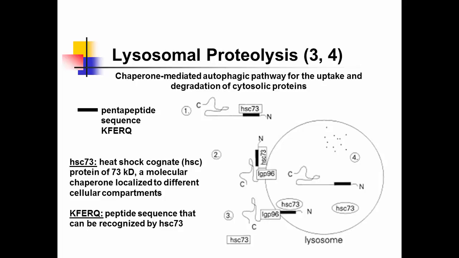The answer is yes. Together with the specific peptide proteins, this HSC73 protein is also degraded inside the lysosome. HSC70 protein is usually present in the cytosol, and it recognizes the specific protein with these specific peptides and directs the protein to the lysosome to bind the receptor.